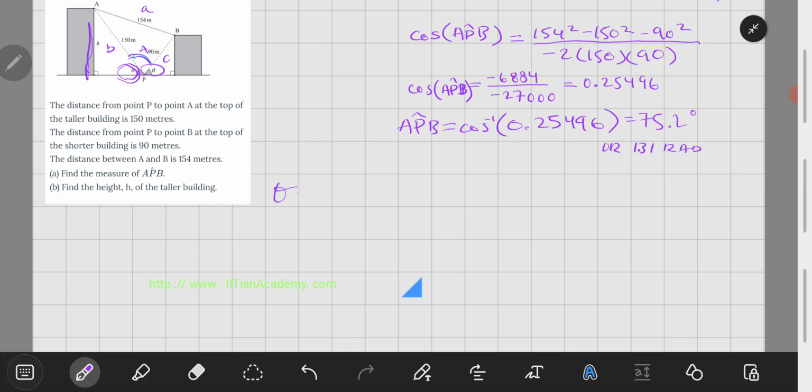So another way that we can think of this is that 180 is equal to our angle APB plus 2 theta. And so if we rewrite this to isolate for theta, then we can say that 180 minus APB divided by 2 will give us our angle theta.